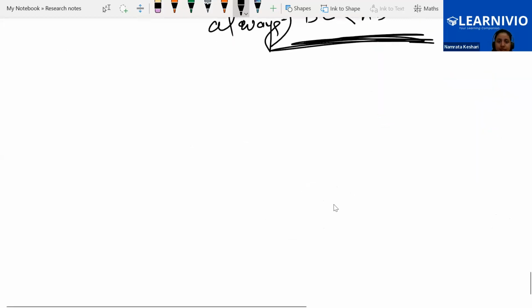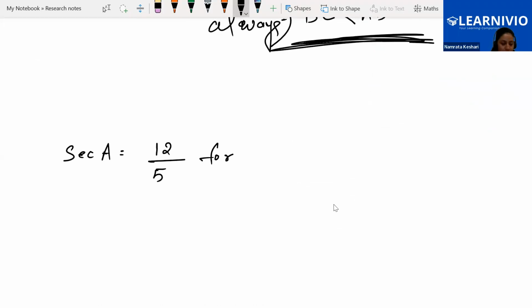Here it's given that sec A is equal to 12 by 5 for some value of angle A. Is it true?